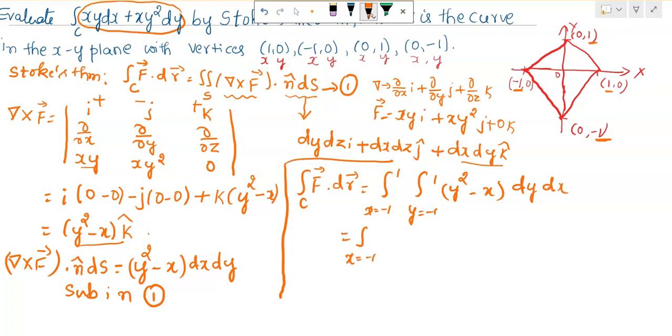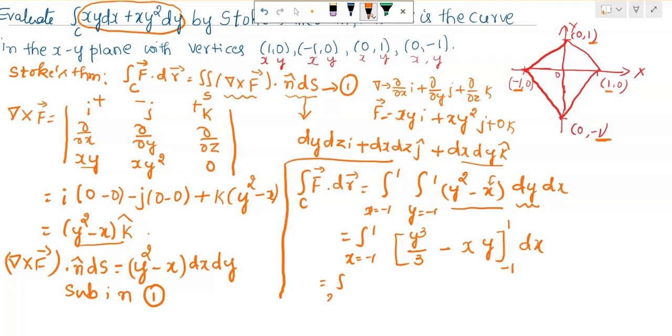Integral of x is equal to minus 1 to plus 1. Now we have to integrate this with respect to y first. Integral of y square is y cube by 3 minus x is a constant. The integral of a constant is constant into what? Y. The limits from minus 1 to plus 1. So apply the upper limit minus lower limit.